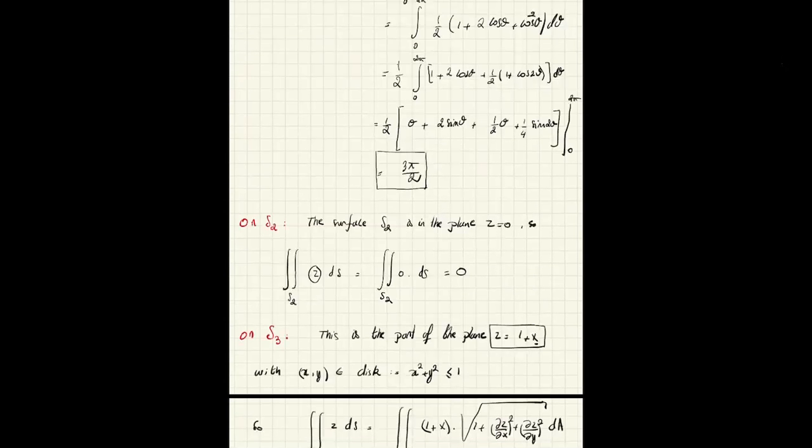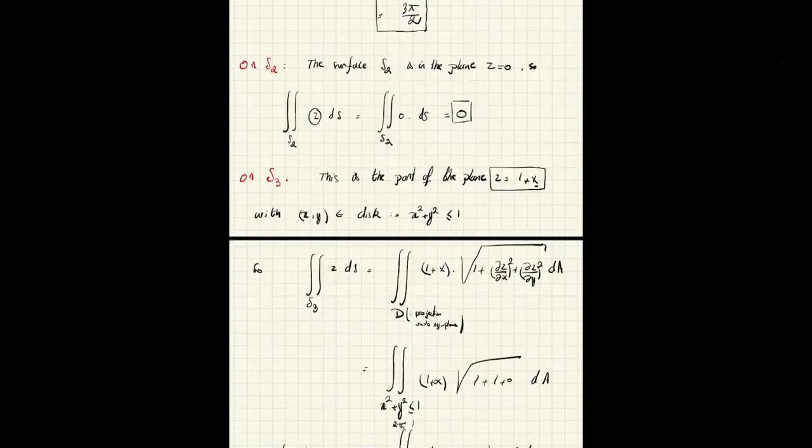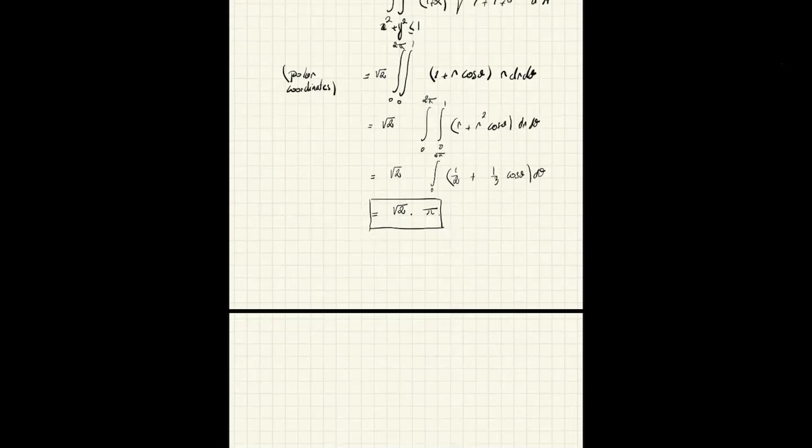So here is 0, and here it's 3 pi over 2, and then here it's square root of 2 pi.